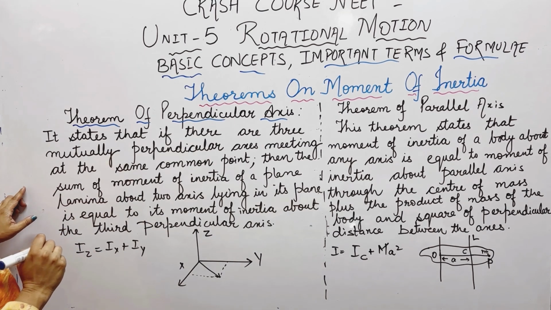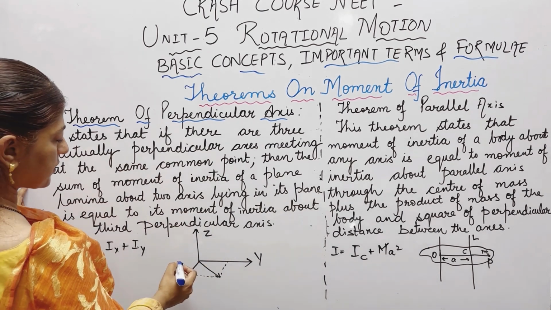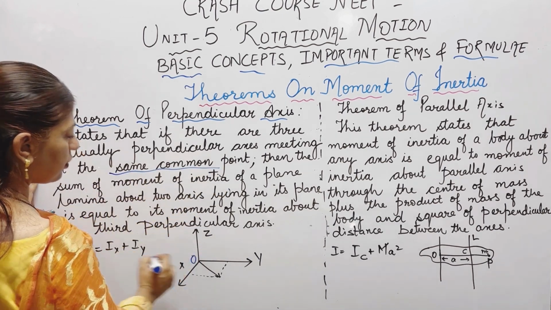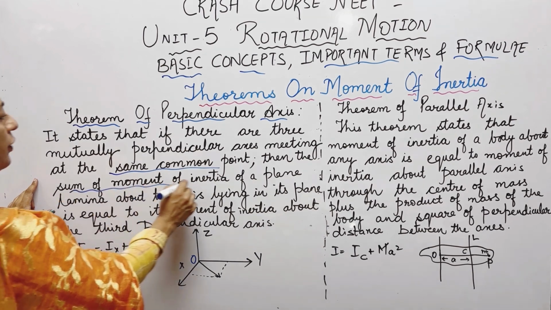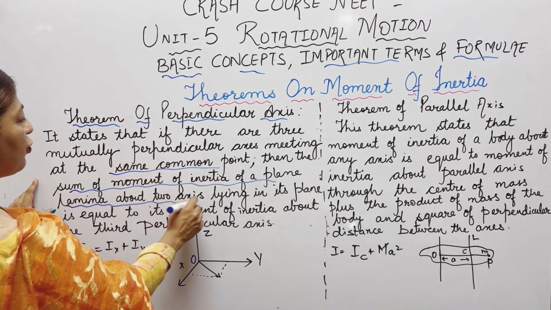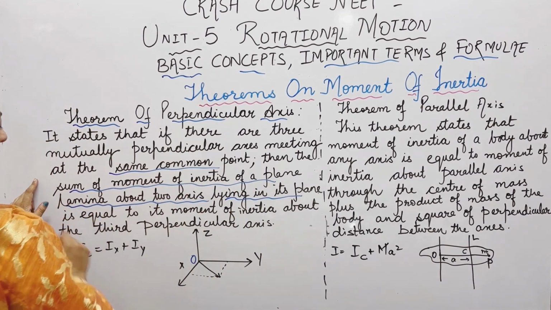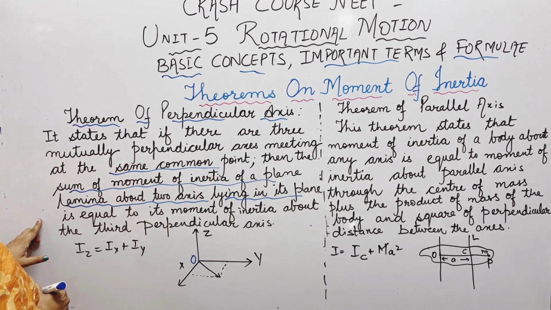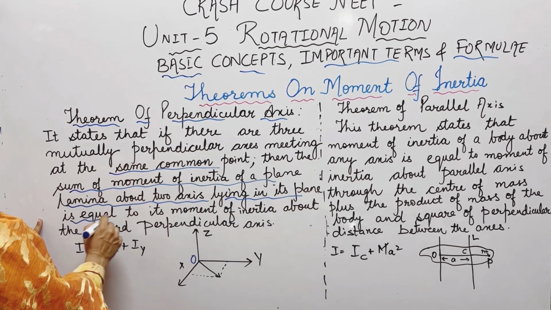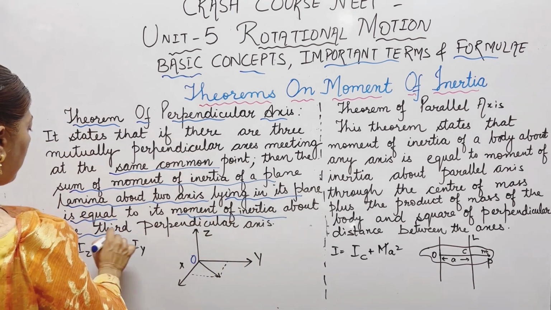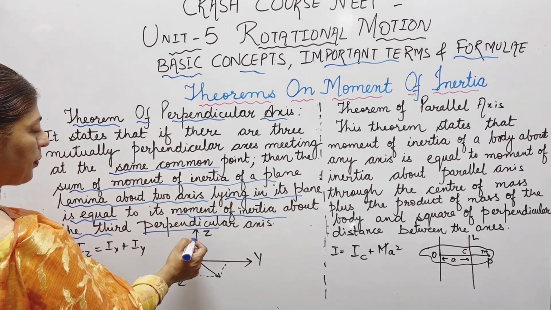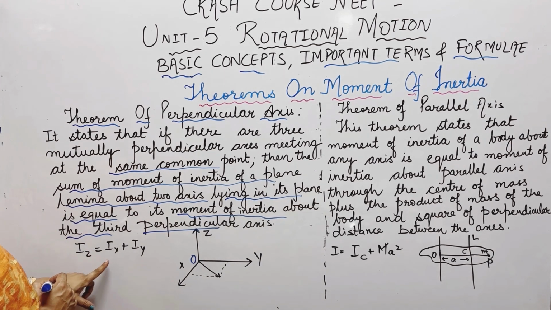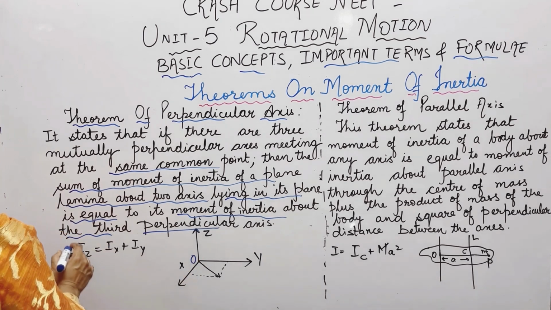According to this, if there are three mutually perpendicular axes x, y and z meeting at the same common point, say point O, then the sum of moments of inertia of a plane lamina about two axes lying in its plane, here x and y making a plane lamina, is equal to the moment of inertia about the third mutually perpendicular axis along the z axis, given by Iz equals Ix plus Iy.